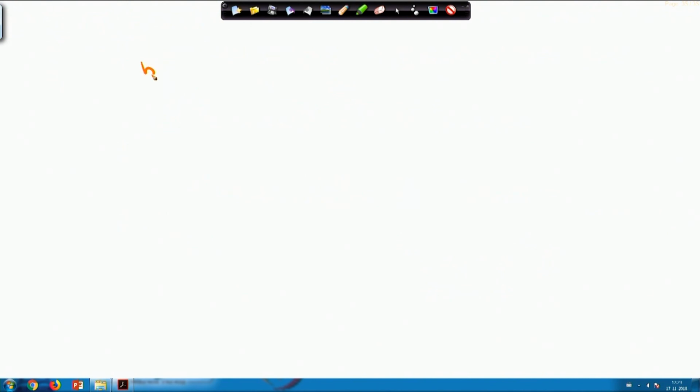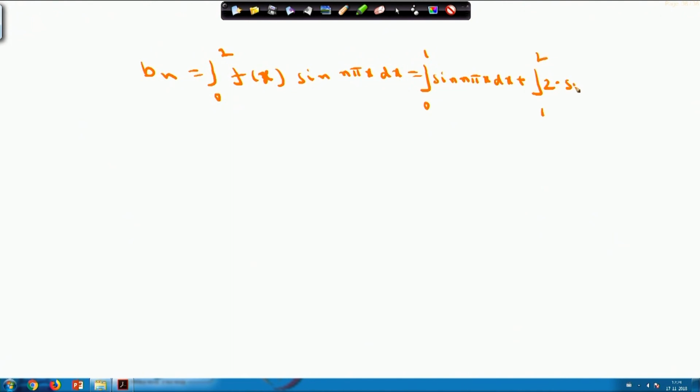Similarly, your b n is equal to integral 0 to 2 f x into sin n pi x dx, which you can write down as 0 to 1 sin n pi x dx plus 1 to 2 into sin n pi x dx. If you evaluate the integral of this, this is actually 0 to 1, 1 to 2.